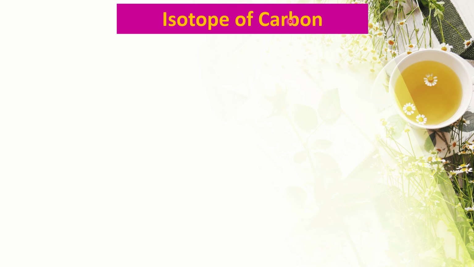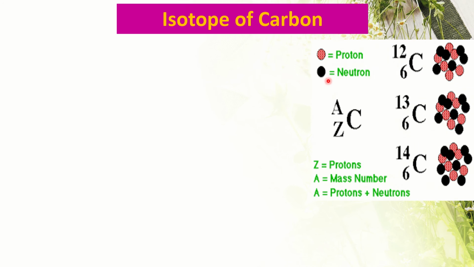Now, isotopes of carbon. Look, these 3 are the isotopes of carbon. Here, protons are colored in red color, and neutrons are shown in black color. For this carbon atom, there are 6 protons and 6 neutrons.